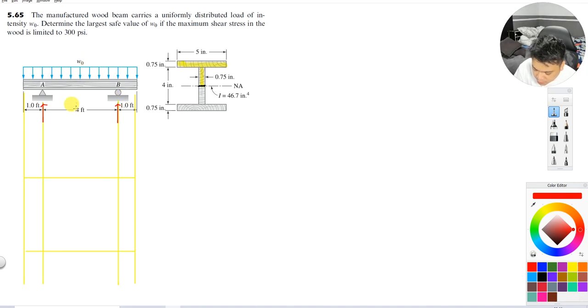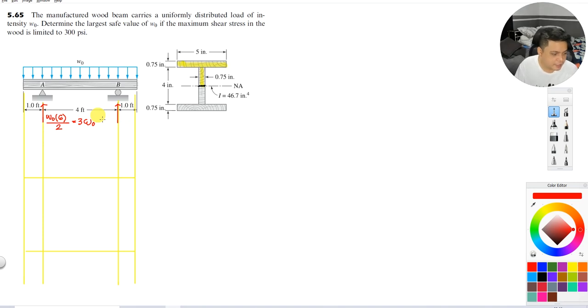Paghahatian lang nila yung dalawa. So, again, that would be the total length is 6. So, yung reaction nito would be W, O, and then L, which is 6, all over 2. Okay? Or that's equal to, ilan nga yun? 3, W, O. Okay?